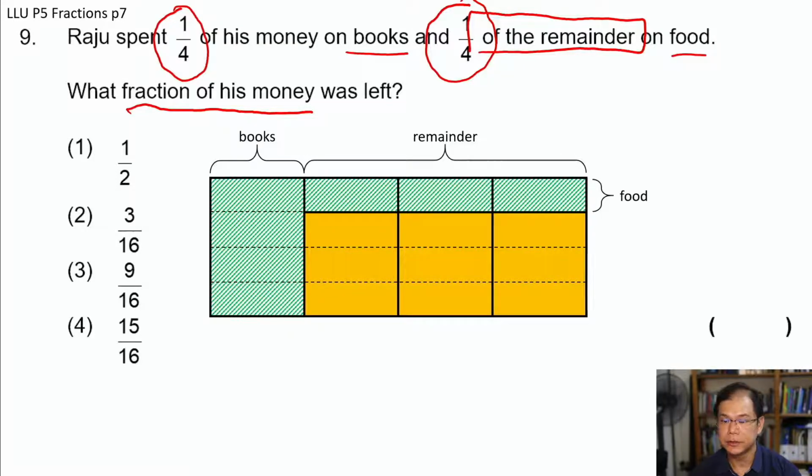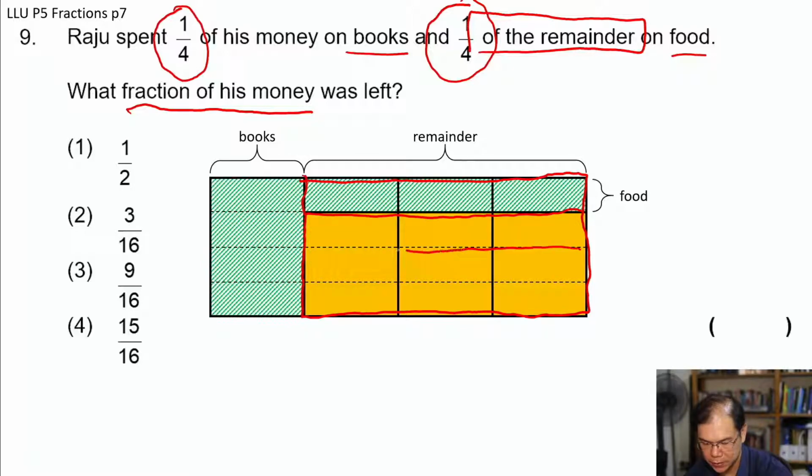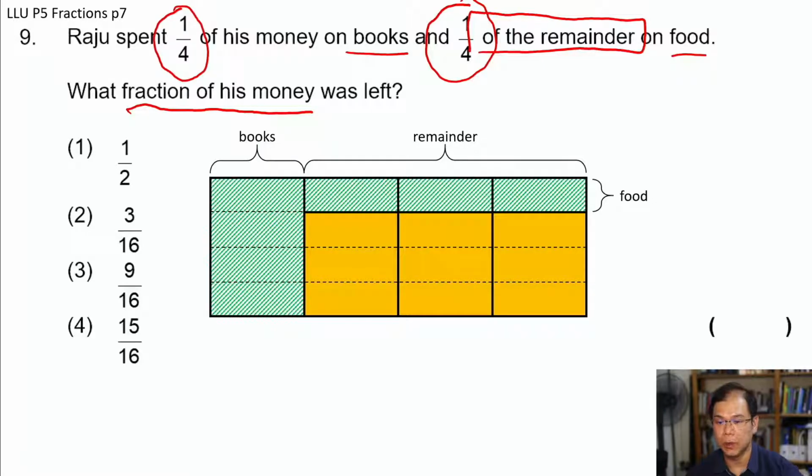If this is all of the remainder, I've already partitioned it into 4 smaller units, or 4 smaller parts, and 1 out of the 4. Okay, this is how I show it. I'm going to erase all my handwriting, and this is how the model will look.